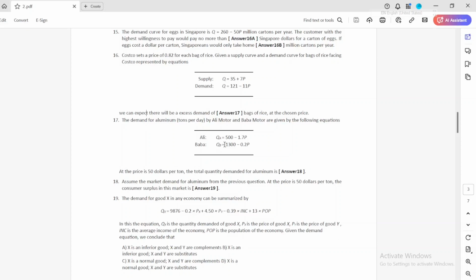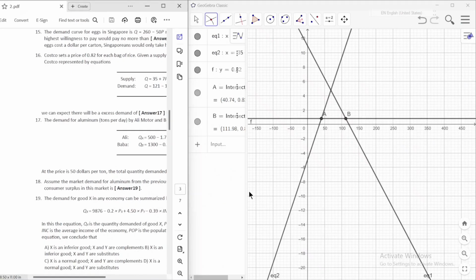You are given the two demand curves, okay, and a price, and you are asked to calculate the total quantity demanded. So in this case, you have to find out the market demand curve for both of these people, and then using this price you can find out the total quantity demanded. So let's do it in the graph.